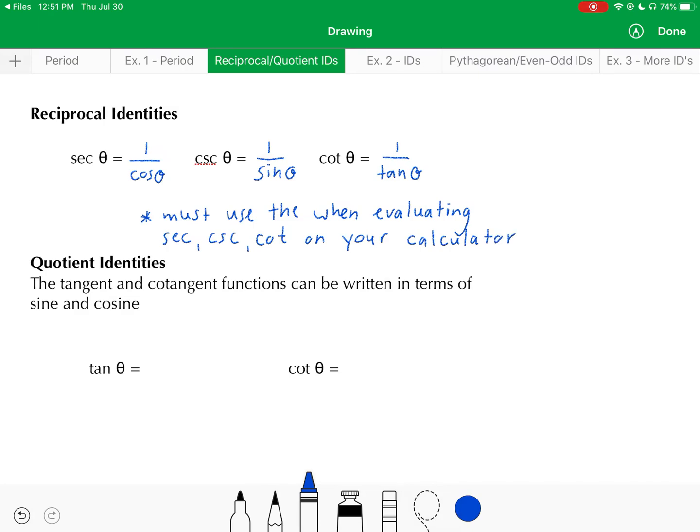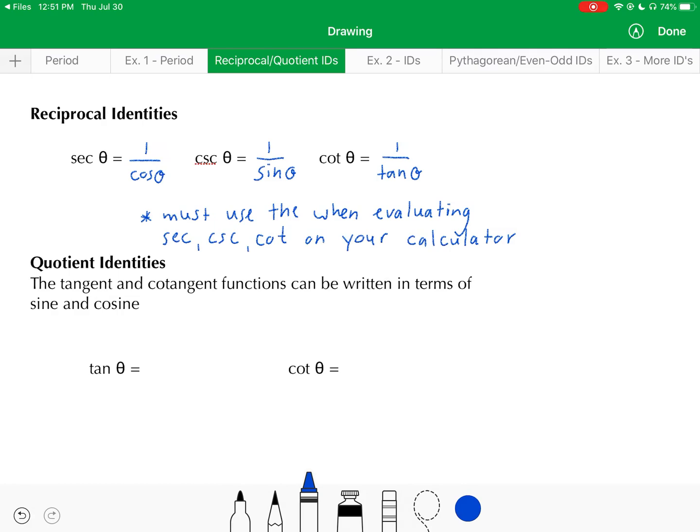So what I mean by that is let's say you're trying to find a secant of 30 degrees, okay? There's no way to reason that out by hand and get an exact value, so you'd want to approximate it on your calculator, and the calculators don't have a secant button programmed within them. Instead, you would have to type it in as 1 over cosine of 30 degrees to get your approximation, okay?